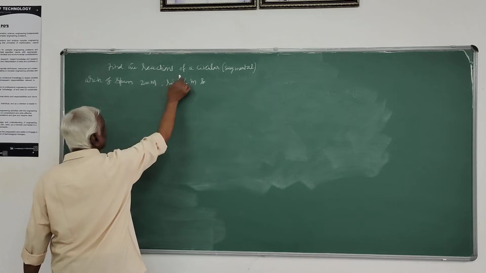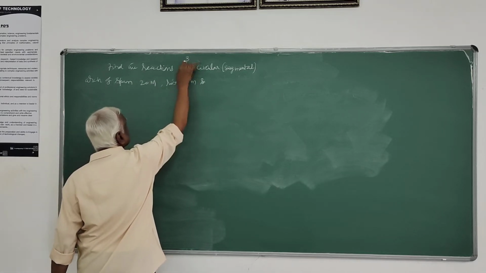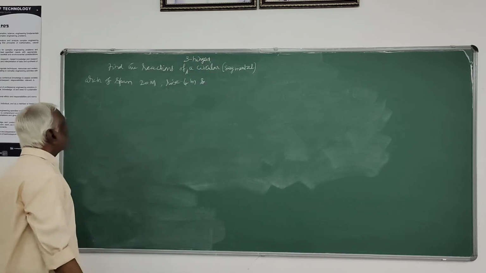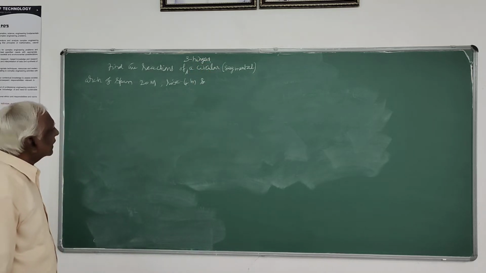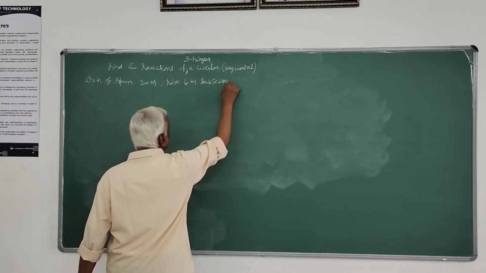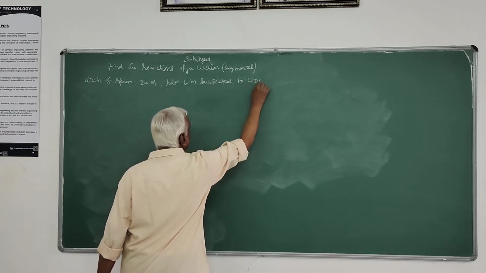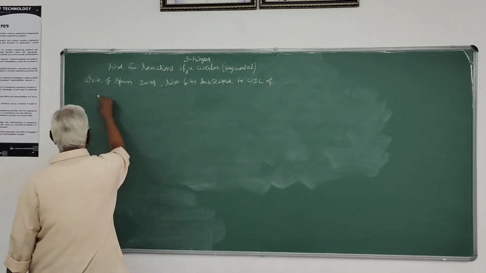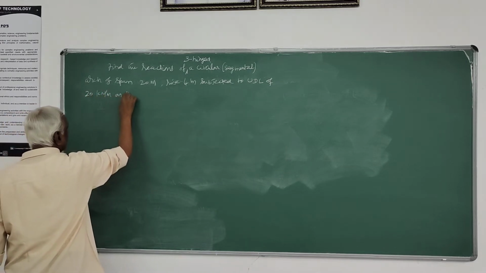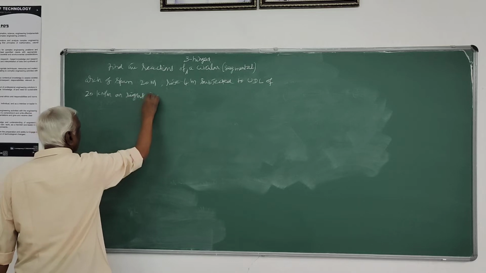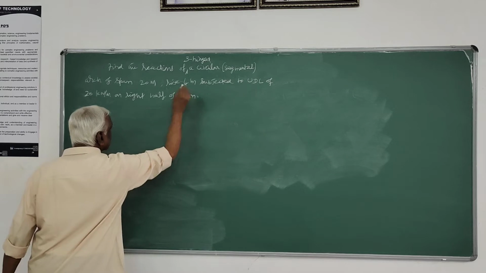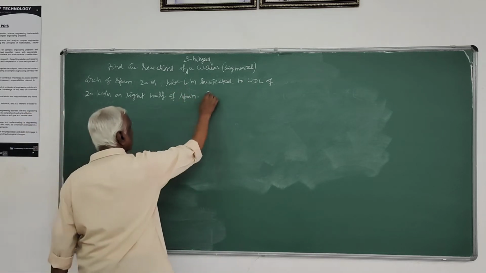You find the reactions of a 3-hinge circular arch, span 20 meters, rise 4 meters, subjected to a UDL of 20 kilonewtons per meter on the right half of the span.